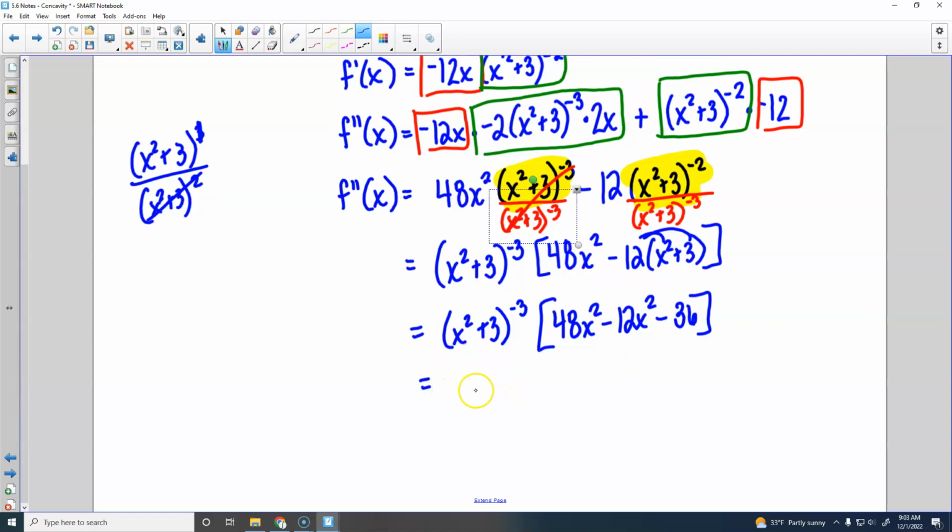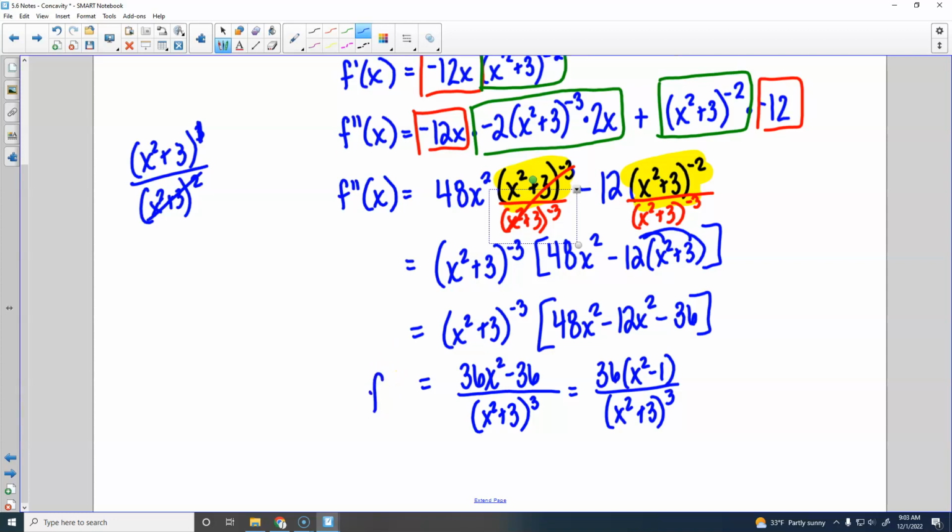I'm going to go ahead and send the x squared plus 3 to the third down to the denominator, and I will get 36x squared minus 36. If you want, you can write that as 36 times x squared minus 1 over x squared plus 3 cubed. It really doesn't matter. You can leave it either way.